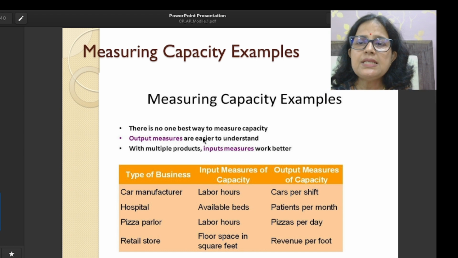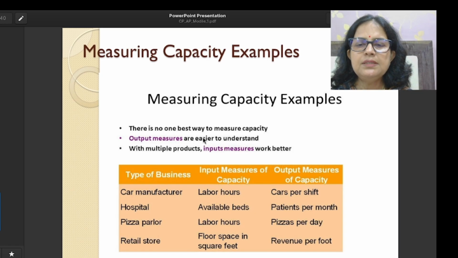Here are some examples of the input and output of capacity, and how we plan. For a car manufacturer, the input is labor hours and the output is cars per shift. For a hospital, the input is available beds and the output is how many patients are served per month.